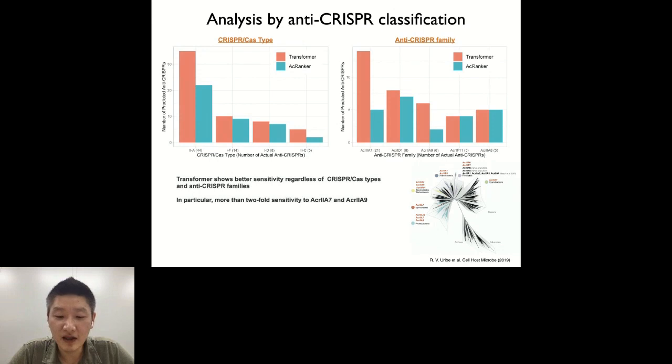Those families inhibit CRISPR-Cas9 and are known to be widely distributed in various bacteriophage phyla. This suggests that the transformer model is effective in recognizing functional associations between evolutionarily distant genes.